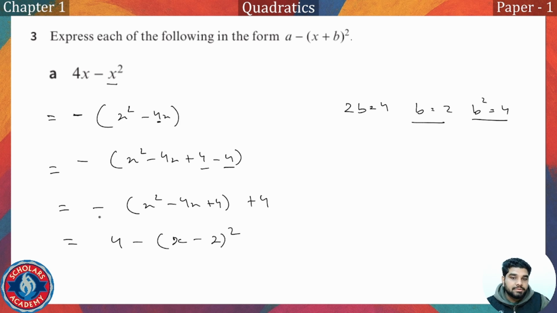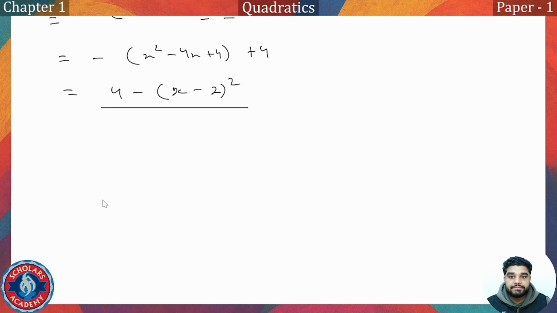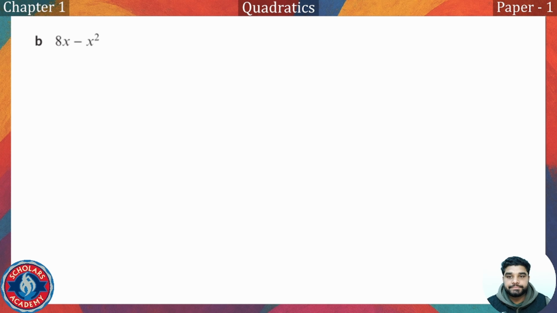If we open this whole square, we get a square, which is x square, plus b square, which is negative 2 square, 4, and minus 2ab, so minus 2 times 2 times x, that is minus 4x. This is our answer. Clear?